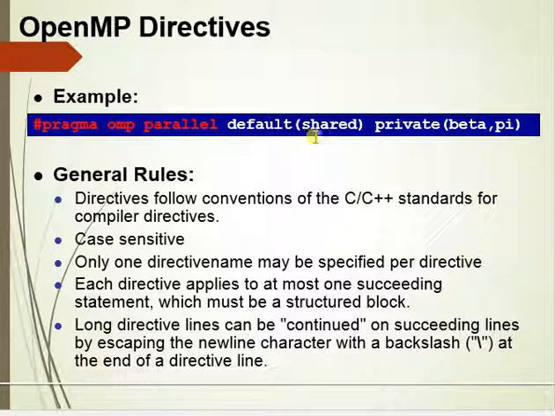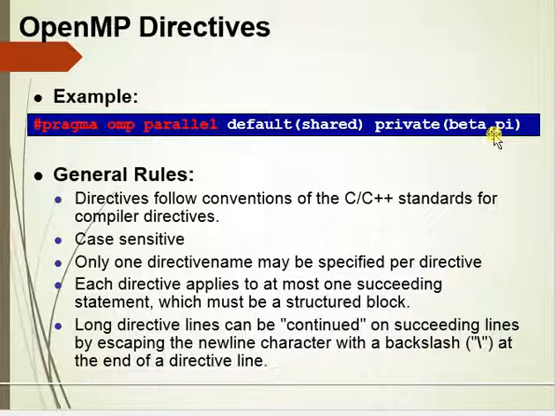Here, shared means it is a shared variable throughout the program. Private beta, pi. The general rules tell that directives follow conventions of the C++ standards for compiler directives. It is case sensitive. Only one directive name may be specified per directive.